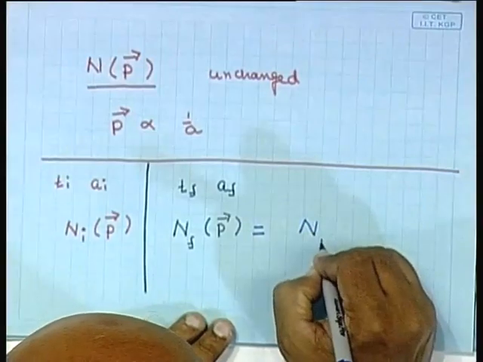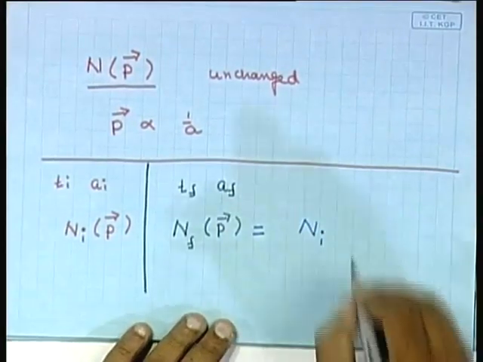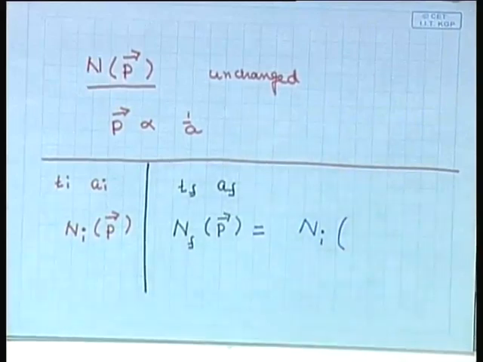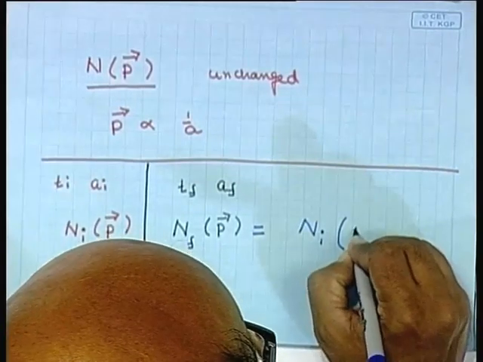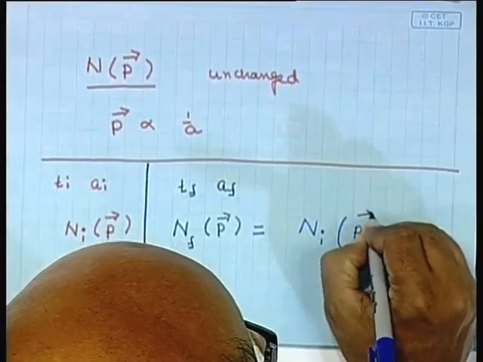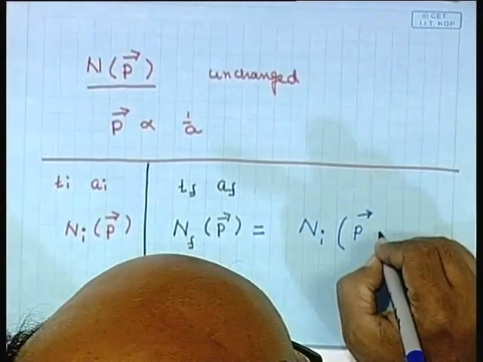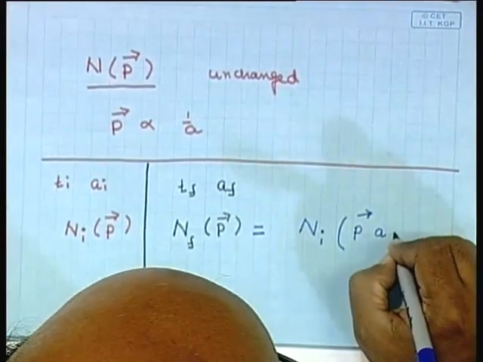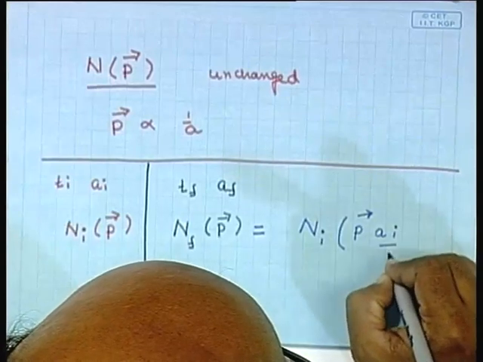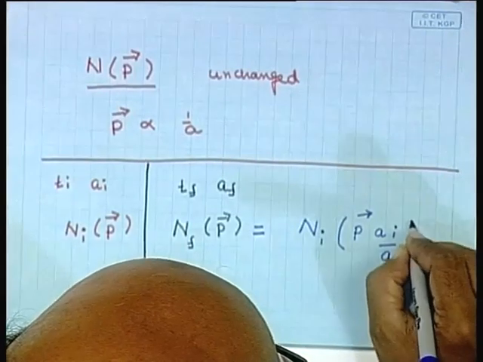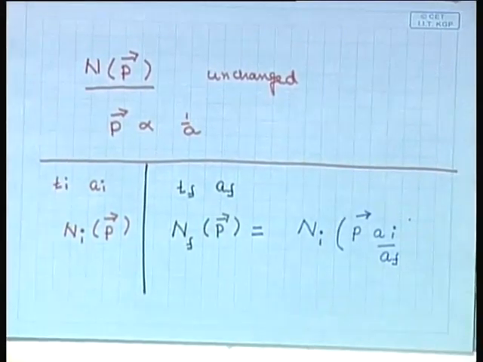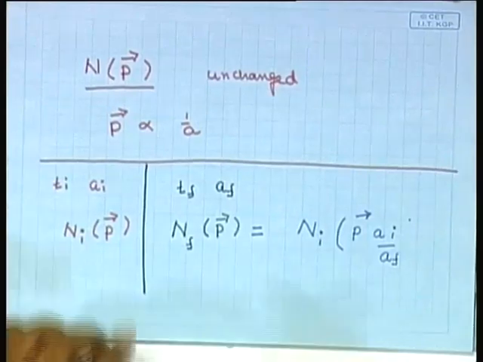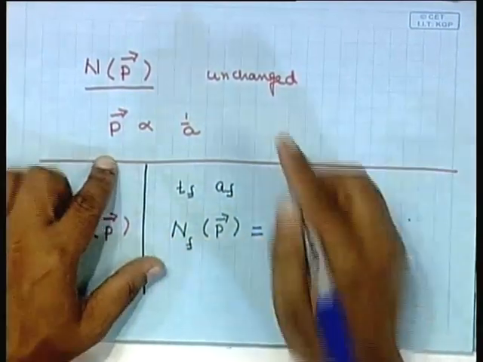So, what we can say is that this is the initial distribution function evaluated at a different value.